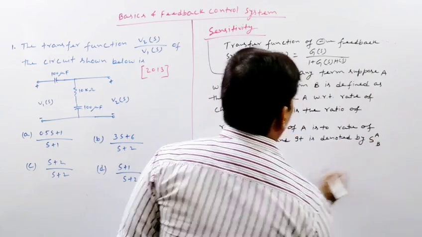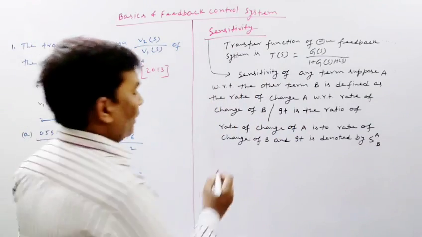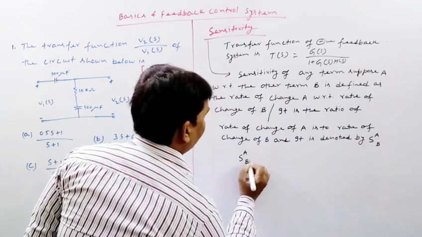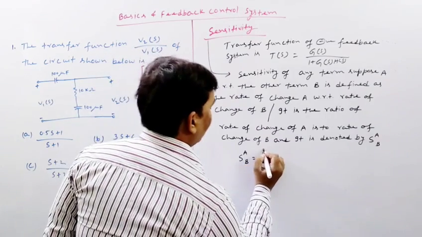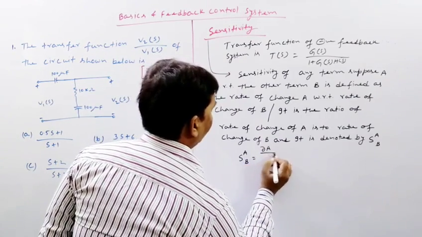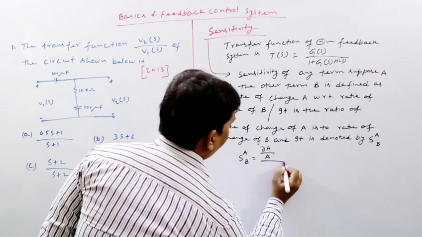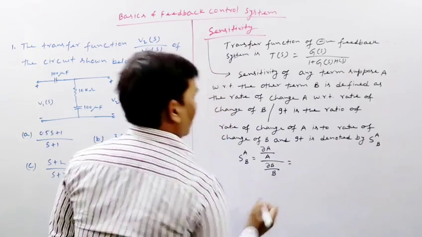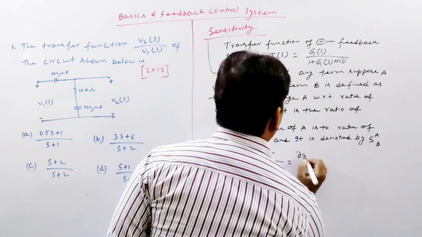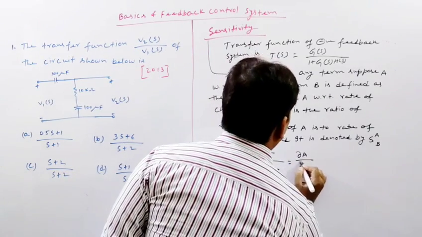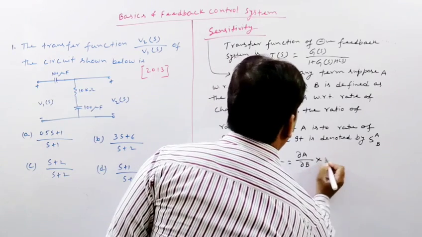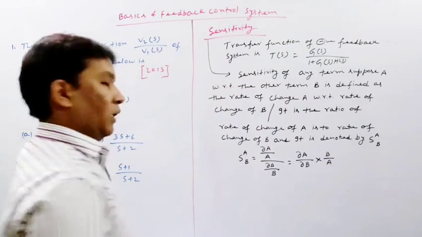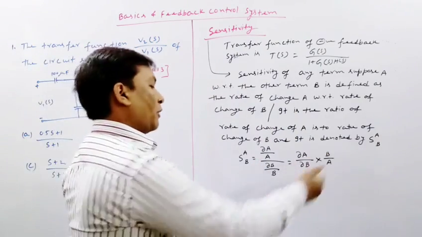S_A^B. So what will be the expression for S_A^B? This will be nothing but (del A by A) divided by (del B by B). So it will be del A by del B multiplied by B by A. So this will be the sensitivity in absolute terms.